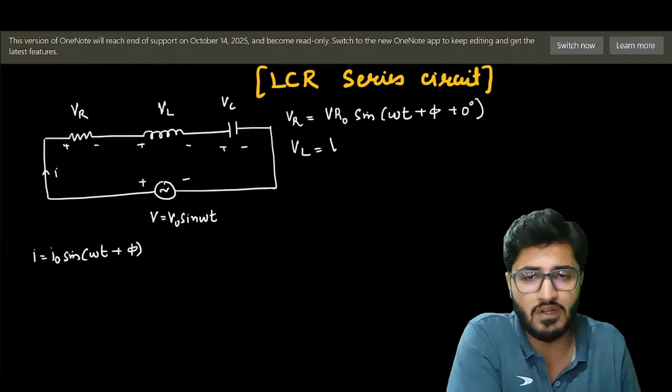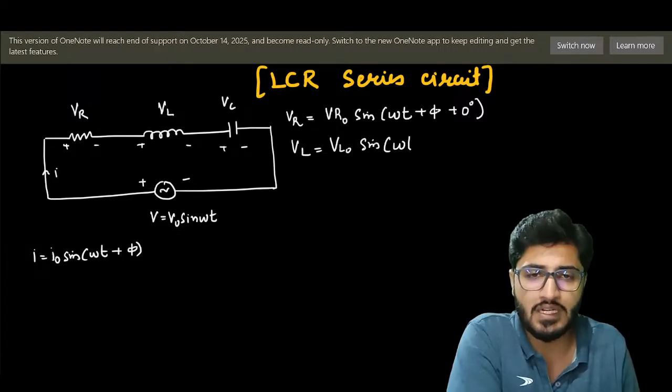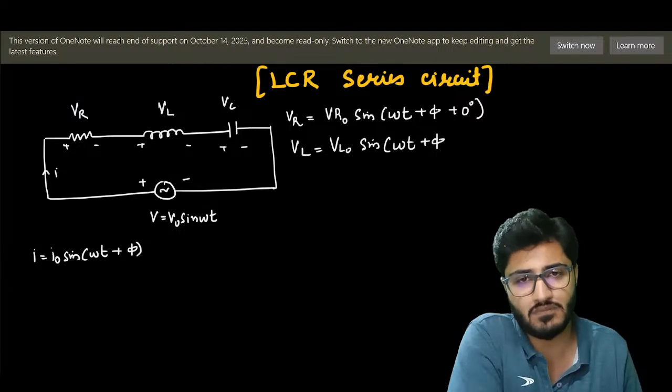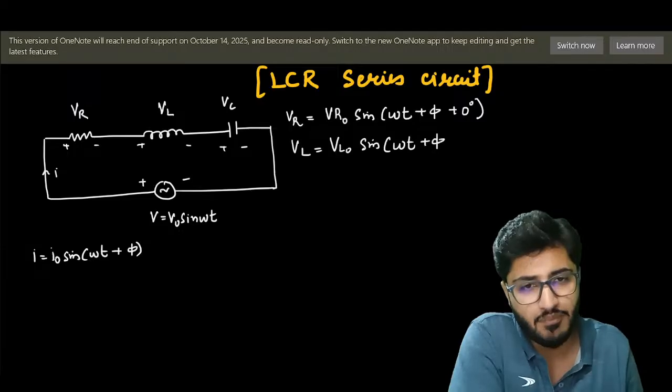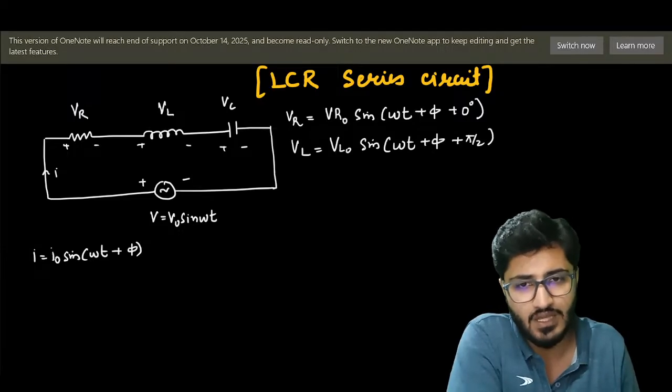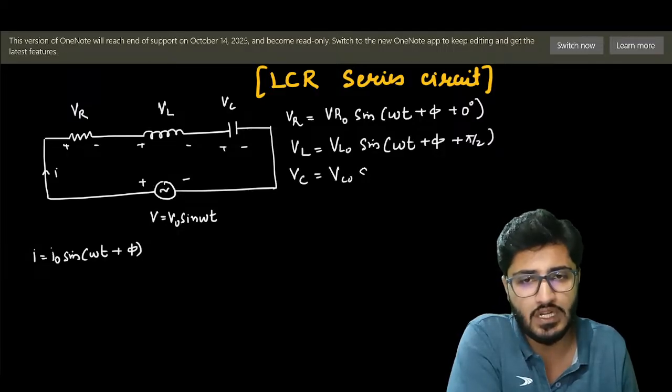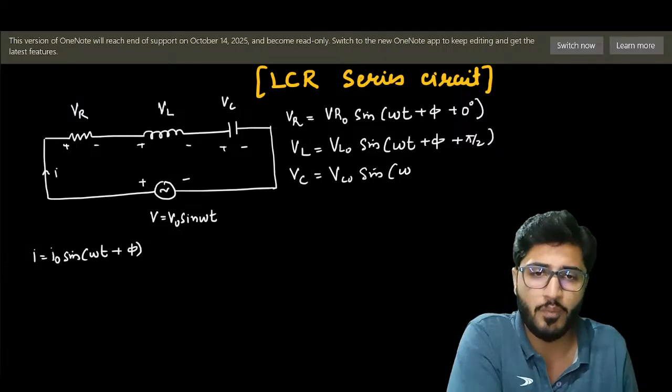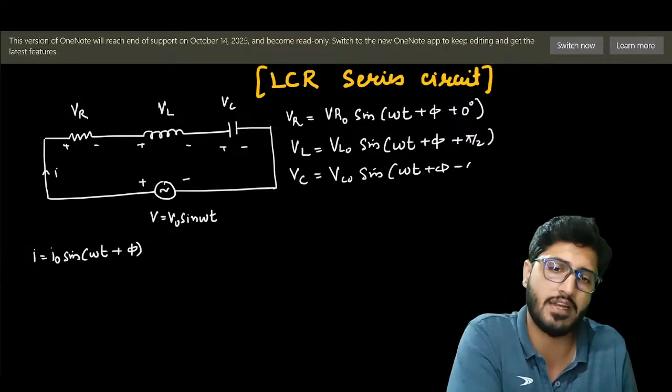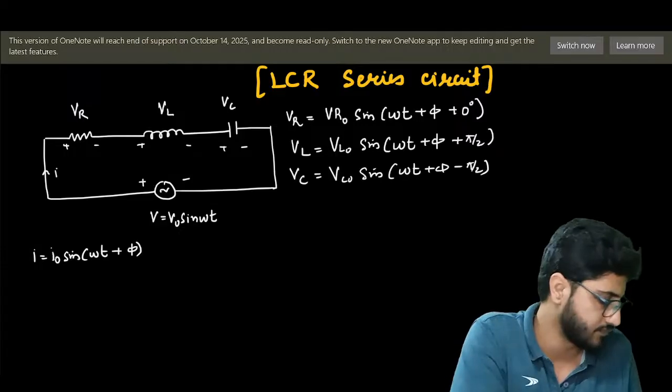VL is VL naught sine omega t plus phi plus pi by 2. In the inductor, current lags but my potential leads by how many degrees? Pi by 2. Okay, what is VC? It will be VC naught sine omega t plus phi minus pi by 2.